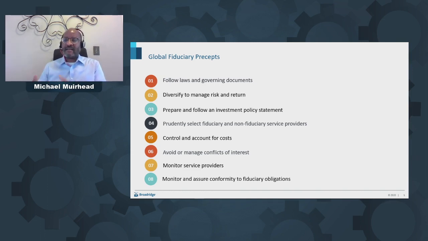If you can't avoid conflicts of interest, that you're at least disclosing and trying to manage and mitigate those conflicts, that you're monitoring service providers, and last, that you have some type of organizational structure for monitoring and assuring conformity to these really important fiduciary obligations.